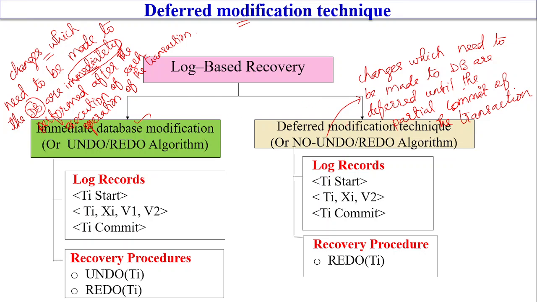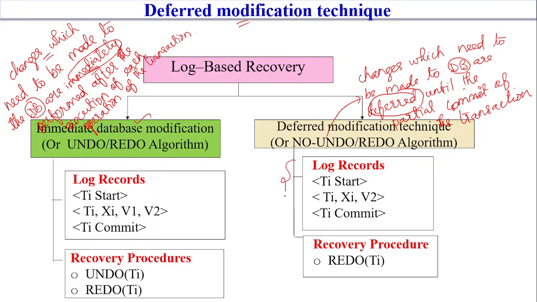Whereas coming to deferred modification technique, changes which need to be made to the databases are deferred until the partial commit of the transaction and after making the entries into the log. That is the reason this technique is known as deferred modification technique.